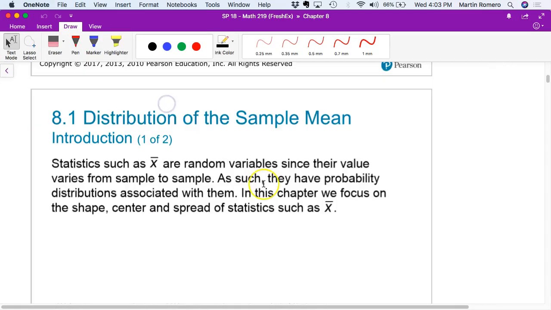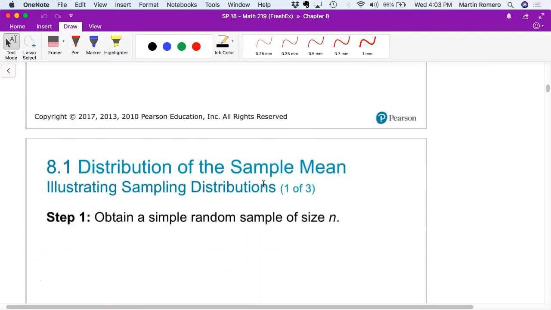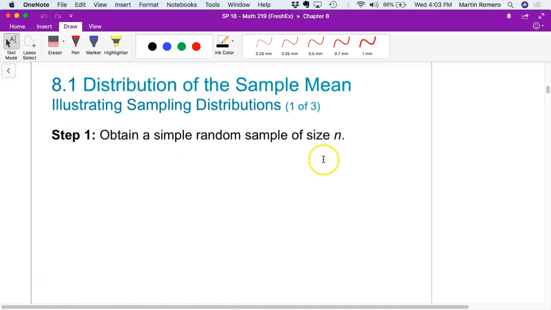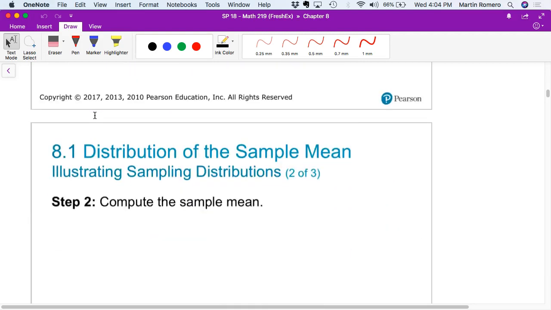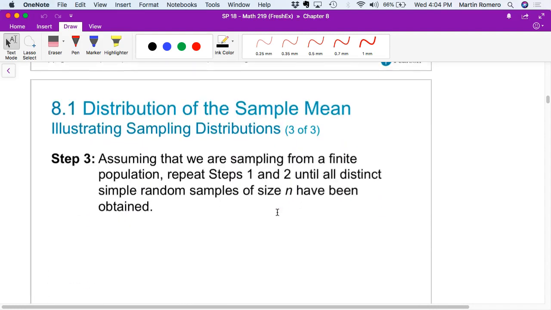Let's take a look at the steps needed to conduct a sampling distribution. These PowerPoints are online. Step 1, obtain a simple random sample of size n. You would write that down. Step 2, compute the sample mean. You get the value. We'd also do standard deviation, but the sample mean.